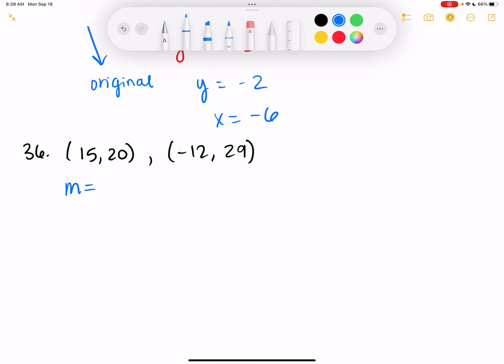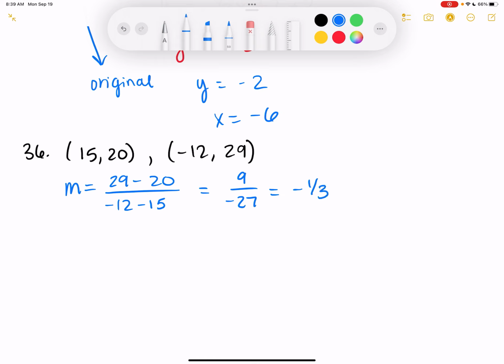Technically, as long as you use the same one for the first point as you do the second, that's fine. So we'll do 29 minus 20 over negative 12 minus 15. So that's 9 over negative 27, which reduces to negative 1/3.